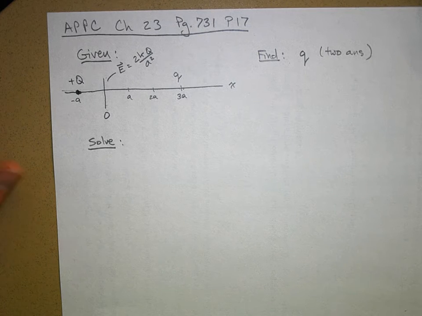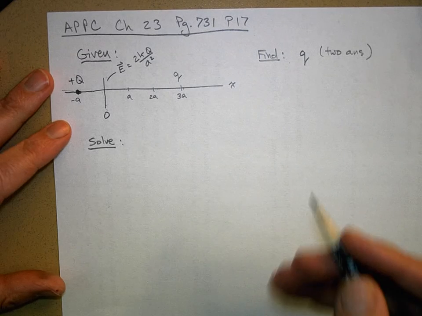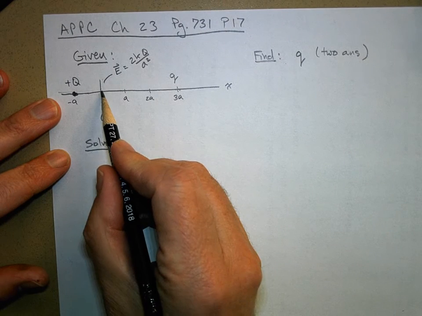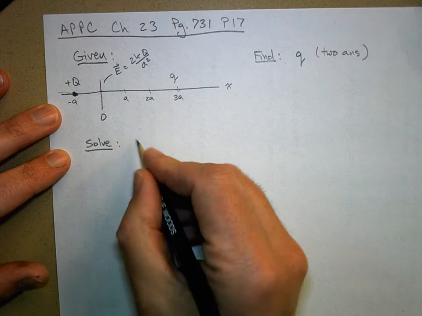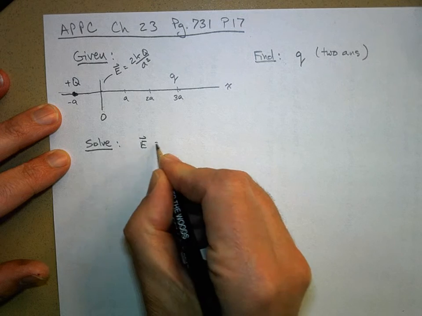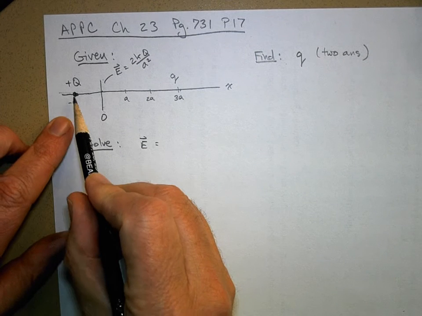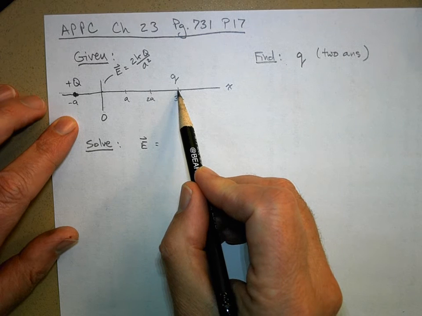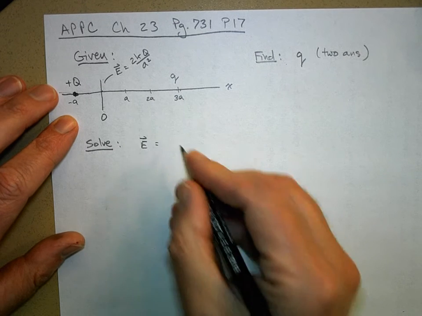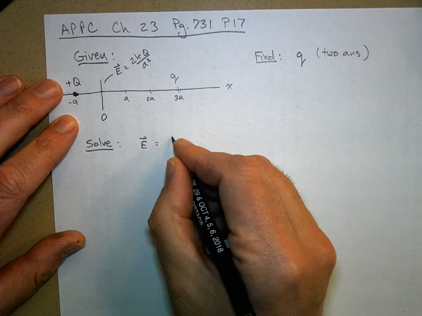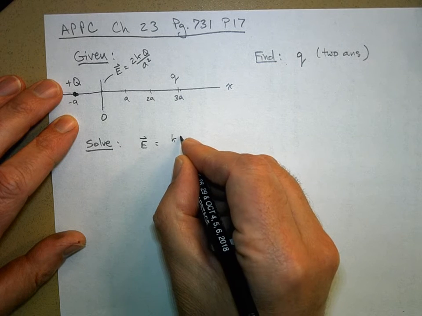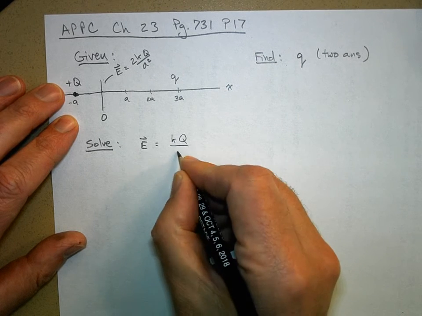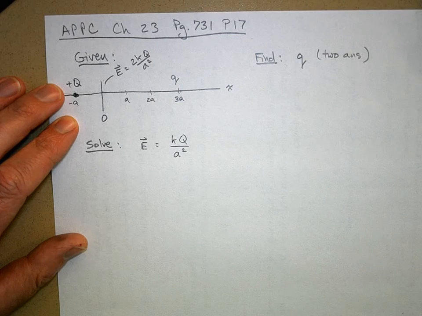So, let's solve this. If we want to know the electric field right here, it's going to be equal to the electric field due to this point charge plus the electric field due to this point charge. So let's go kq over a squared, right?